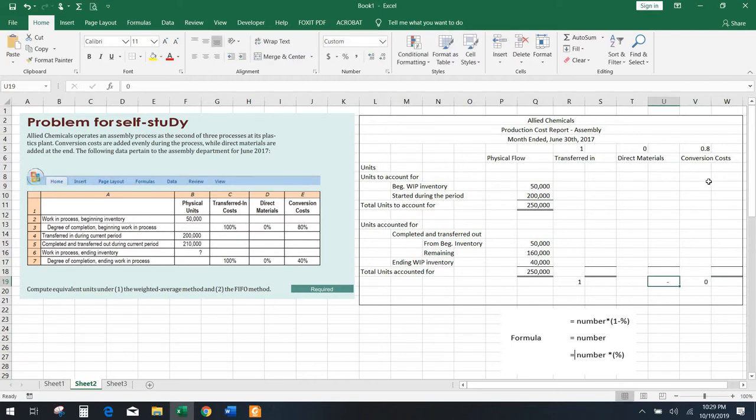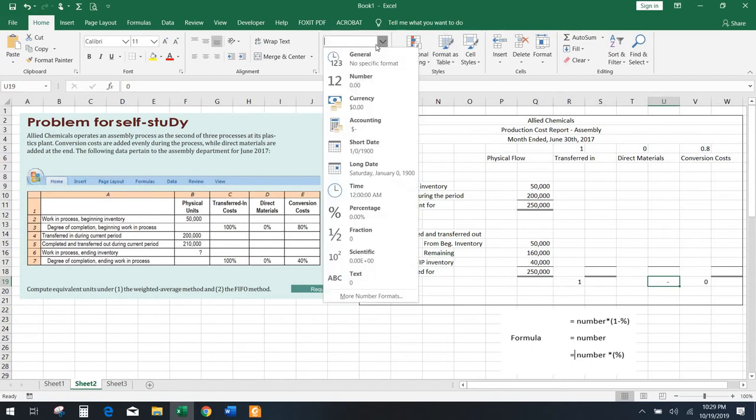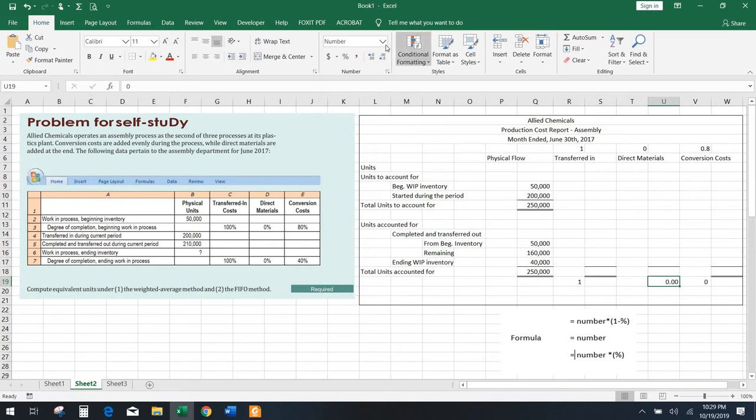Okay, let's see. I need to change this to a number so it's visible. Okay. Now we have that settled.